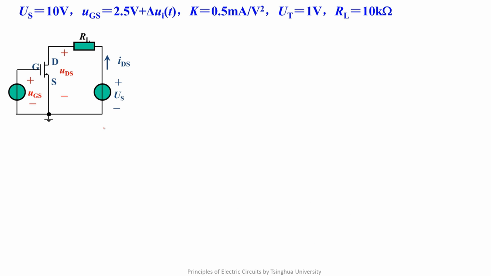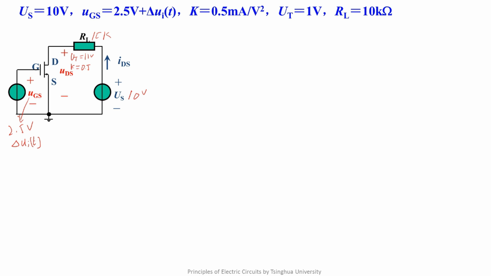The topology structure of the circuit is the same as the inverter circuit. If the MOSFET works as a nonlinear voltage-controlled current source between D and S, then the circuit is a nonlinear resistor circuit.